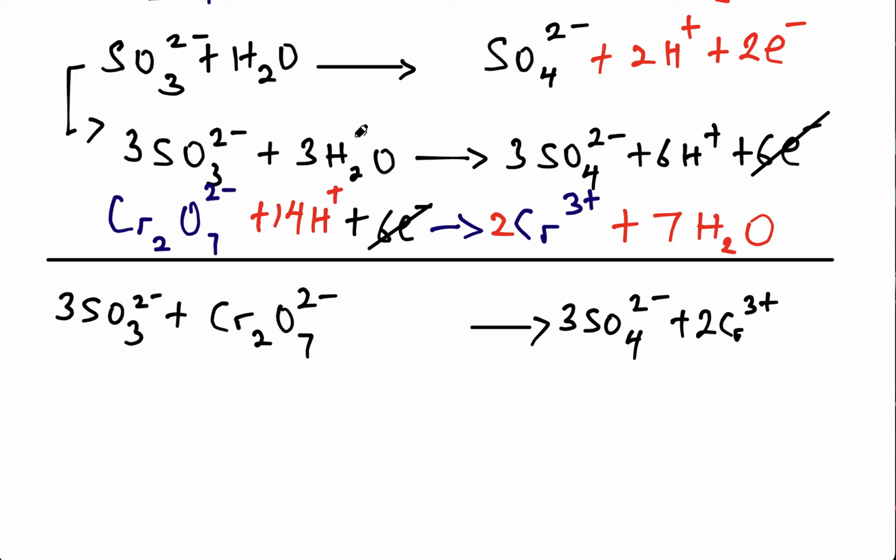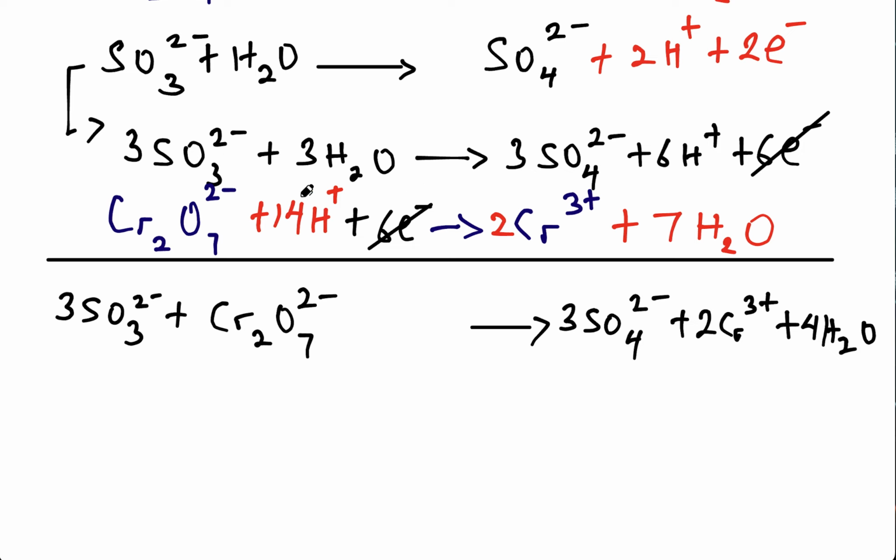Now when you look at water, we have 3 molecules of water here, and down here we have 7 molecules of water. What is the implication of this? The side with the higher amount will take the overall net water. There is 3 here, there is 7 here, so you subtract them: 7 minus 3 is 4. We are left with 4 molecules of water, so you add that 4 molecules of water to the side with the higher amount.